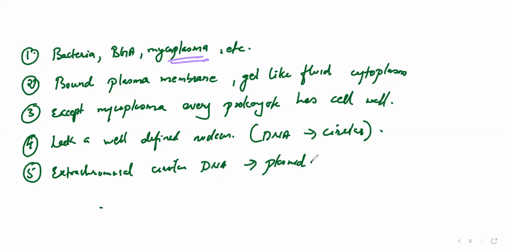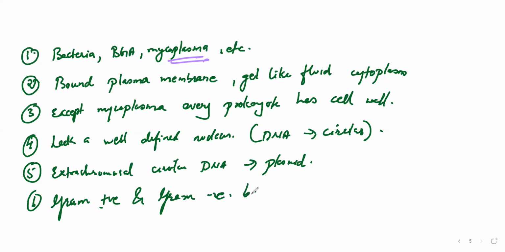Now depending upon the cell wall or cell envelope, that is the outer covering, whether it is going to be stained by some dyes or not, there are two groups, called gram positive and gram negative bacteria.